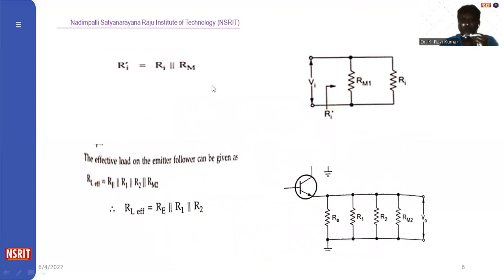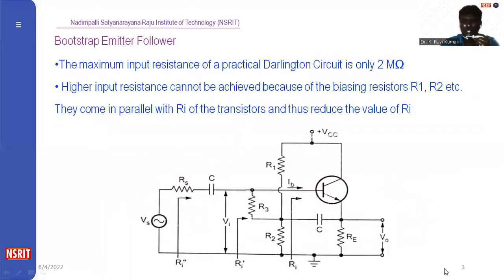So suppose we want to find the input impedance Ri dash. Ri dash is the combination of Ri in parallel with RM1. This Ri is the internal resistance of the transistor and RM1 is the Miller's input resistance. At the output side, the effective load on the emitter follower can be written as follows. Previously, we considered the load resistance to be Re.